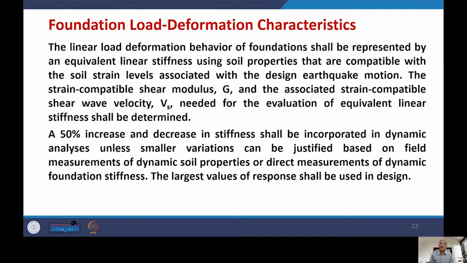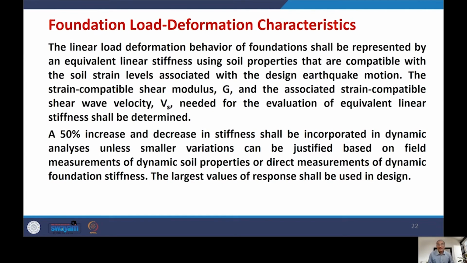But here now it is saying that this is final because there is no change in the strength. So we need to use the strength compatible shear modulus G and the strain compatible shear velocity Vs for the equation of equivalent linear stiffness.